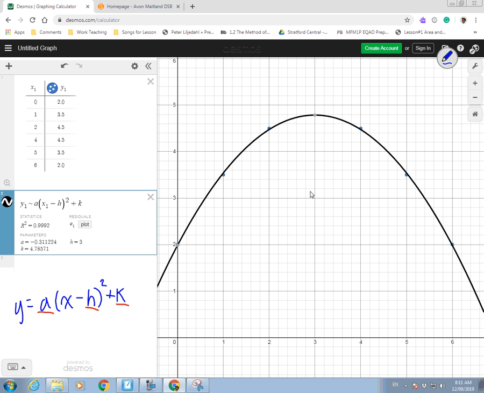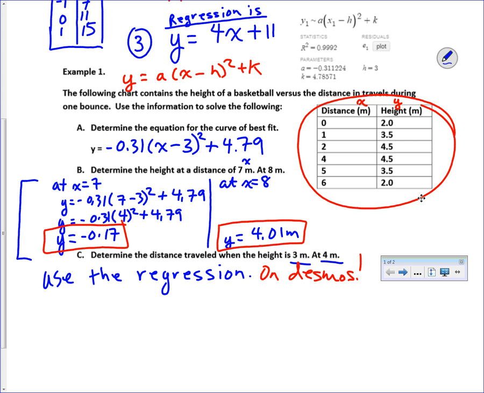But it's also 5.4. So at y equals 3, x equals 0.61, and because it's a parabola, we also end up with x equal to 5.4 meters.